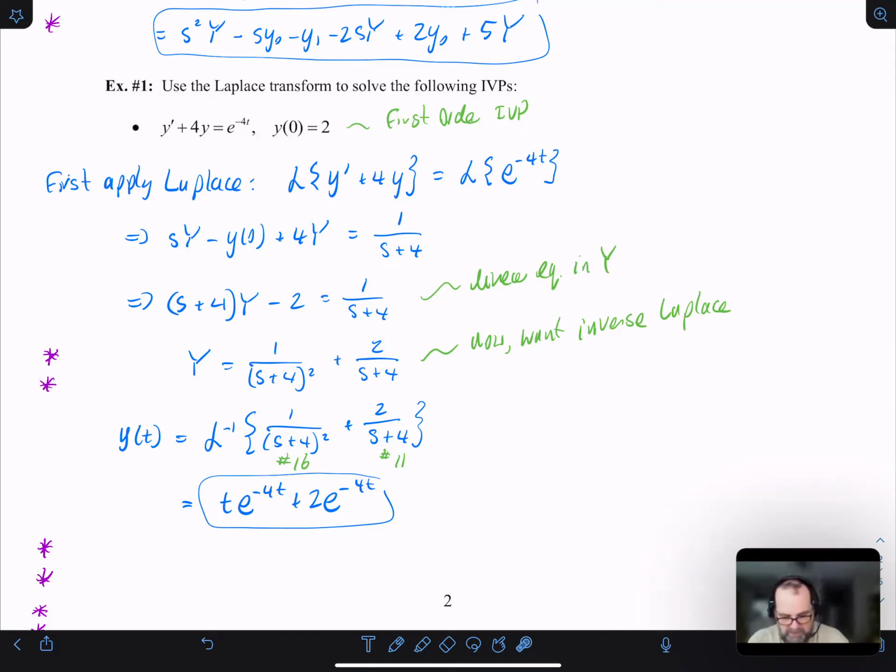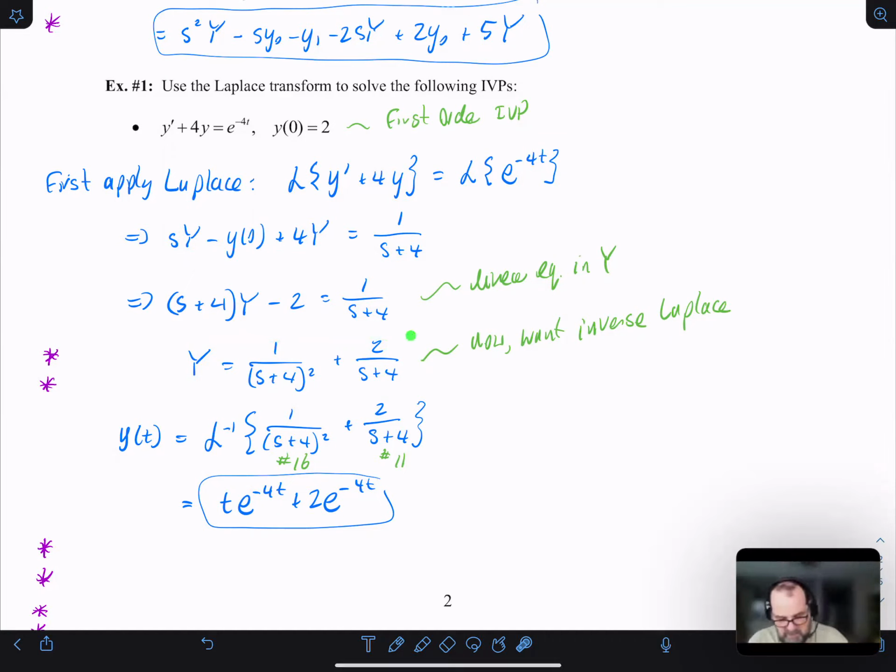So our next step is we want to solve for big Y. The way to do this is gather your big Y terms together, factor out the big Y, move everything else to the other side. So put the minus, add 2 to both sides, and then we can solve for big Y by dividing.